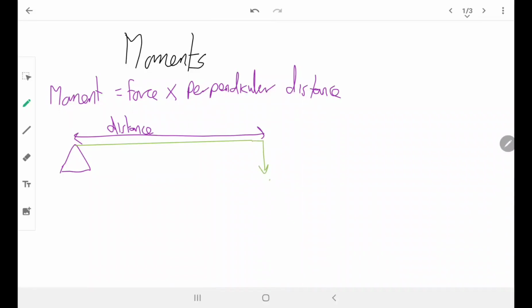And we have a force F. Now let's have a really simple example of a 20 Newton force that is 3 meters away from the pivot.